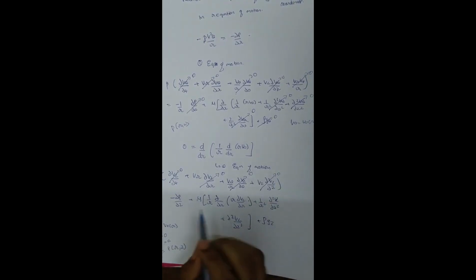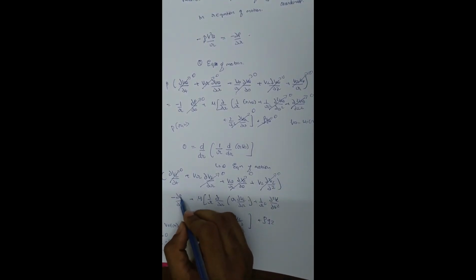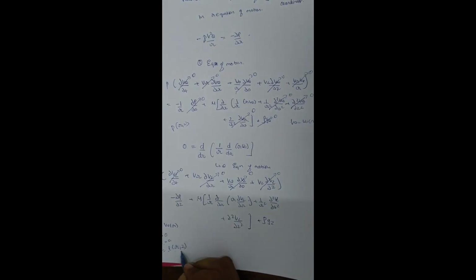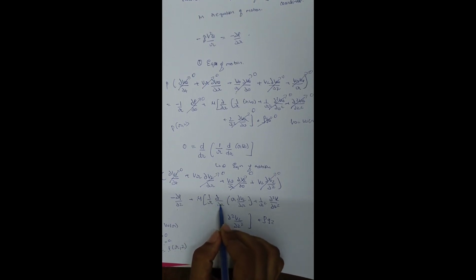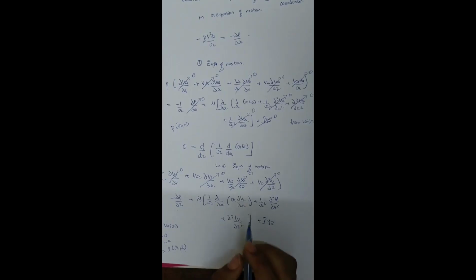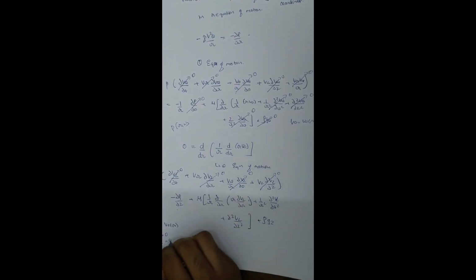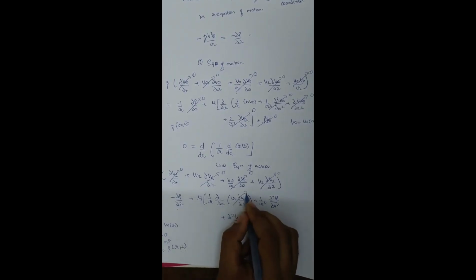Over here this term is non-zero because we know that p is a function of r and z. So this term is not going to be 0. Plus μ (1/r) ∂/∂r(r ∂vz/∂r): this term is going to be 0 because vz is 0.